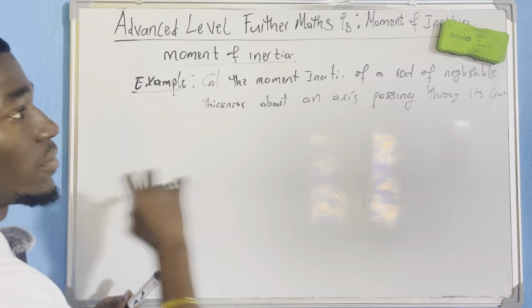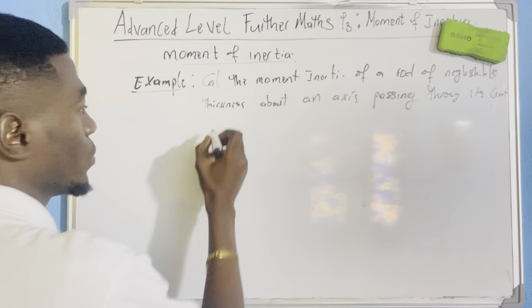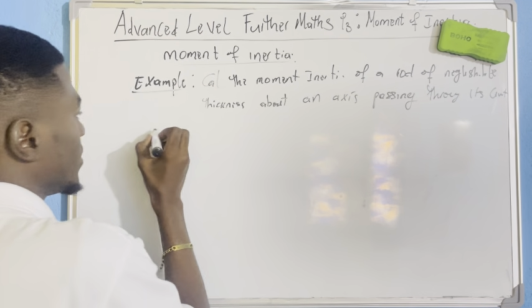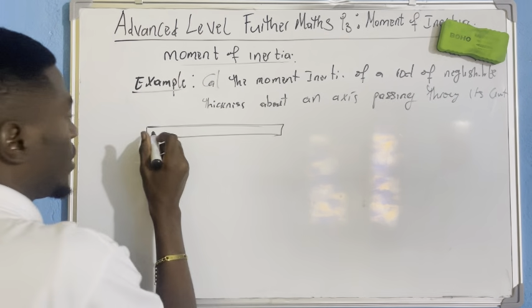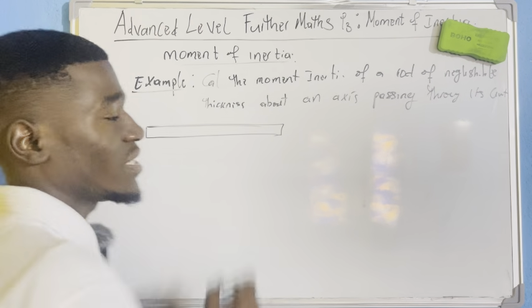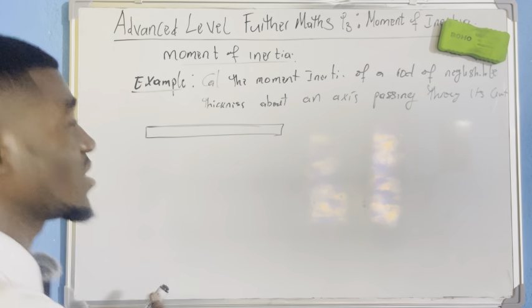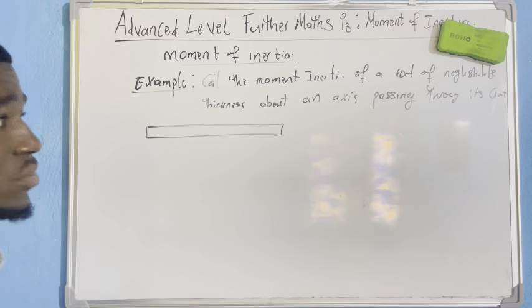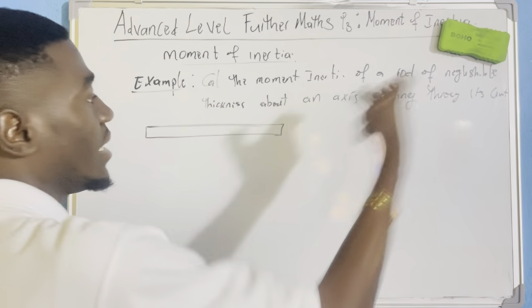I will show you how. It means that the length of the rod as compared to the thickness of the rod is very small, or rather the length is very big as compared to the thickness, so I neglect the thickness.